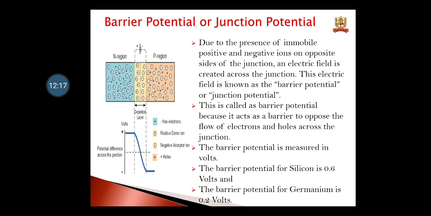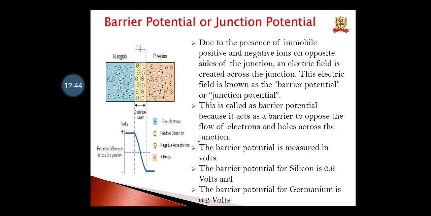So this is all about the formation of the depletion region and the electric field across the p-n junction diode. When the p-n junction is formed, there is always a depletion region and an electric field set up, that is, a potential barrier is always there in that diode.